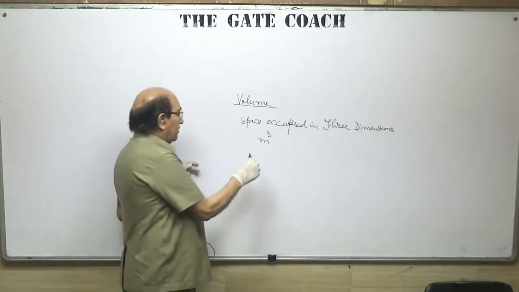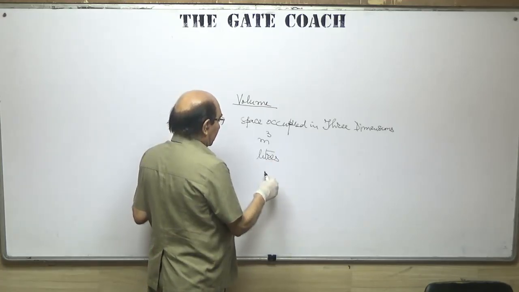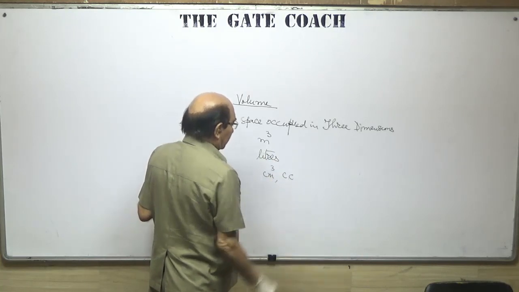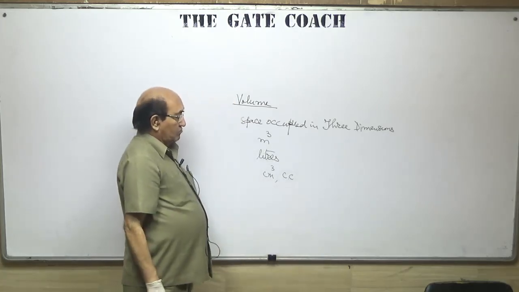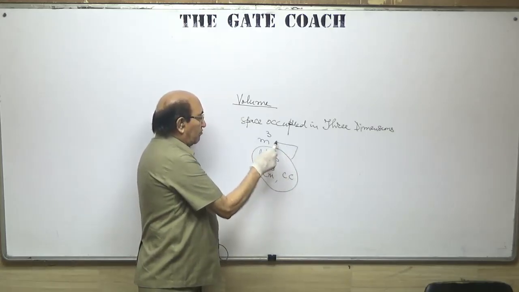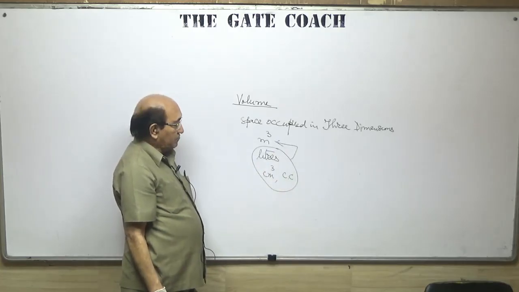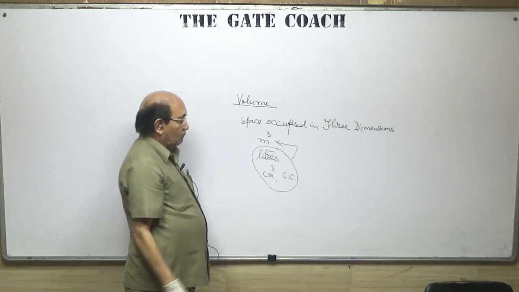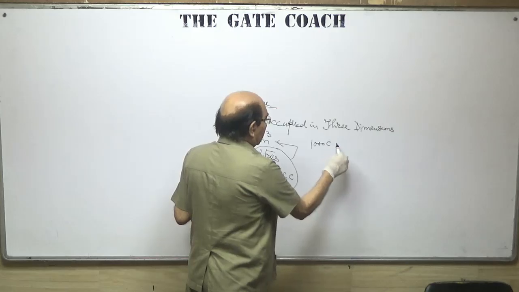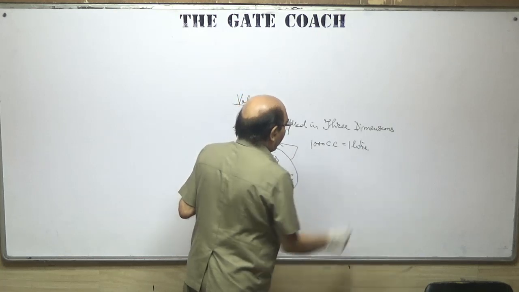Whereas many times it may be given in terms of liters, centimeter cube, or simply cc. These values must be converted to meter cube and then used for the calculations. The conversions: 1000 cc corresponds to 1 liter.